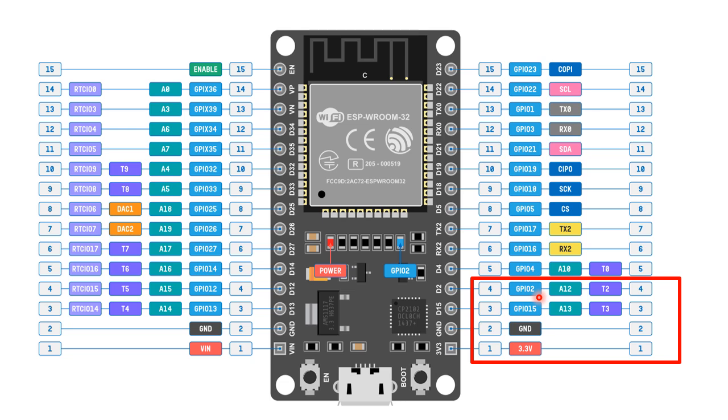GPIO stands for general purpose input output. 3.3 volt, ground and GPIO 15 are connected to the fire sensor, while the GPIO 2 is connected to the red LED, which we are using to indicate.